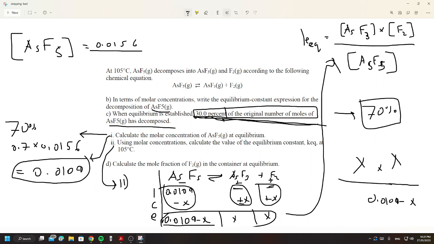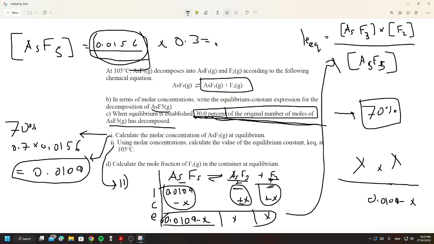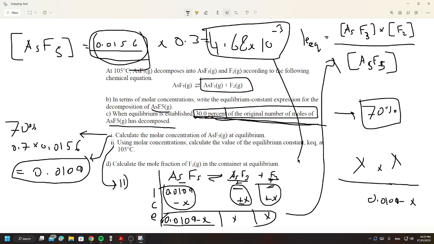Therefore, to find the concentrations of ASF3 and F2, we're going to do 30% times the original concentration of ASF5, because this 30% is the product of the reaction. So 0.3 times 0.0156 gives, to three significant figures, 4.68 times 10 to the power of negative 3. This is the concentration of F2 and of ASF3.